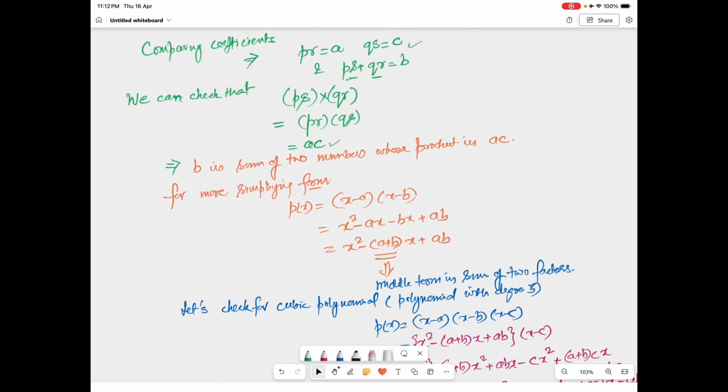For better understanding, I have simplified it. Let us say that there is a polynomial which can be factorized into the form x minus a into x minus b. This is a simpler way of understanding.